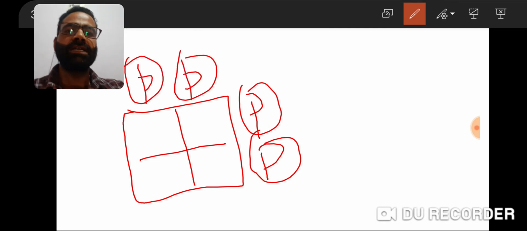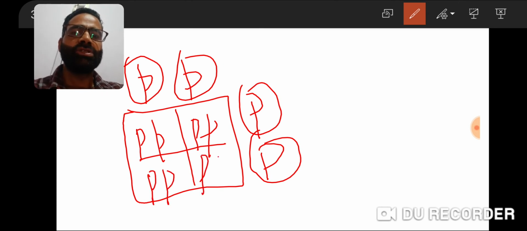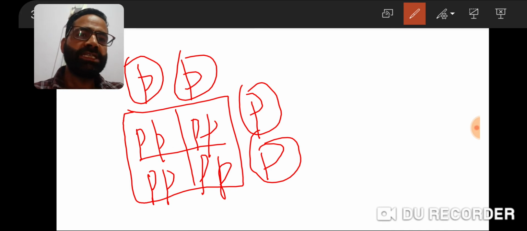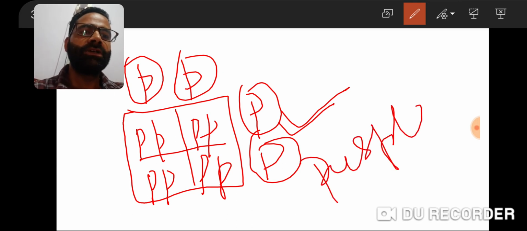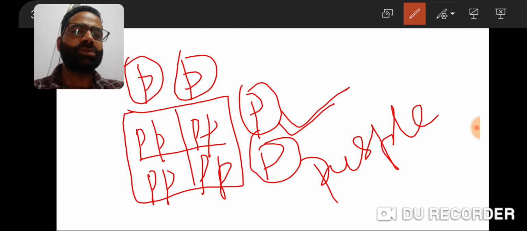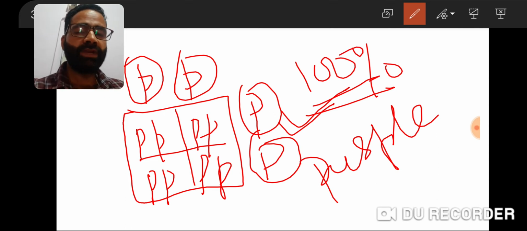So if you cross here, all the plants will have the genotype capital P, small p. So in this case, when this plant is homozygous, all the plants will have purple colored flowers. 100% purple flowers will be formed when this purple colored plant is homozygous dominant.